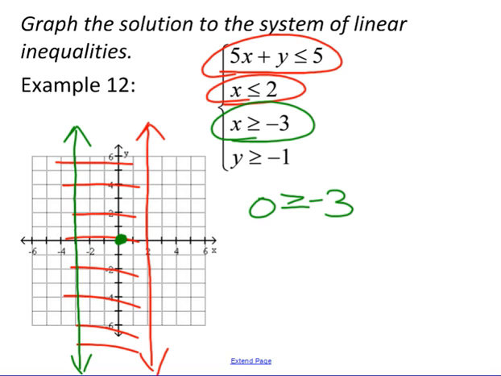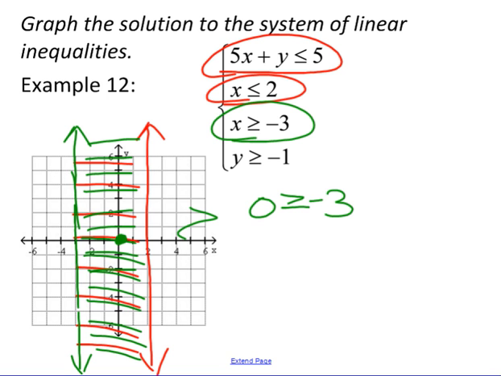So I'm going to shade covering up the test point. Now, since I've drawn 2 lines, I'm going to erase anything that's not double shaded. And notice I didn't bother shading over here because I knew I was going to have to erase it anyway because there wasn't shading there already.